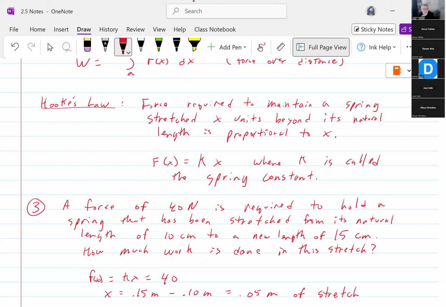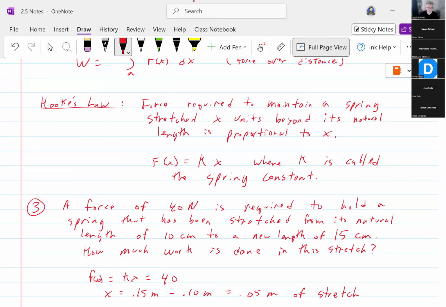X was going from rest, right? There's no force involved in letting a spring just be at rest. I didn't have to force it to 10, and now I'm forcing it to 15. Does that make sense? Is it 0 to 0.05 meters?